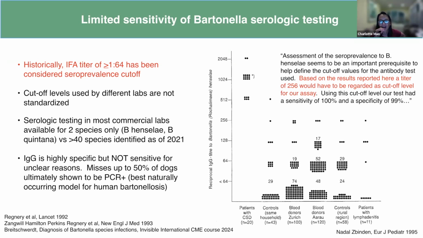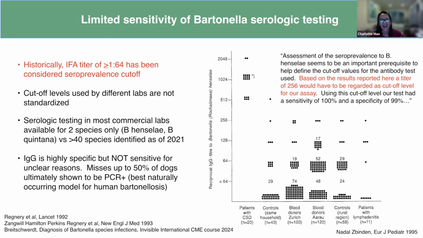And yet, this is one of the European studies that showed strikingly high seroprevalence of Bartonella. You can see each of those dots represents a patient with the titer on the y-axis. And a significant proportion of patients, as you can see, have titers of 64 or higher.